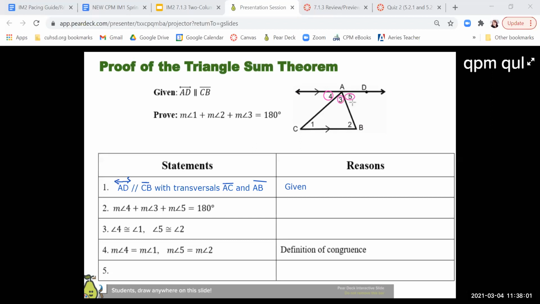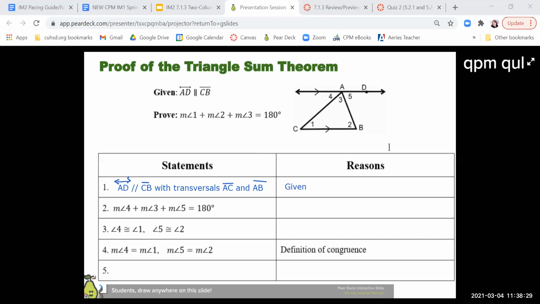And the reason this is true is because they actually form this line together. So you can see how, if I added them together, they would make a straight line. And we actually know that a straight line has an angle measure of 180.